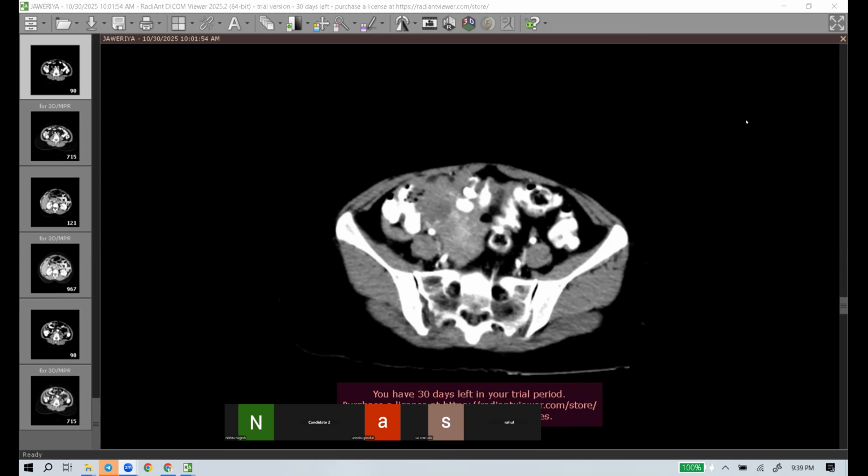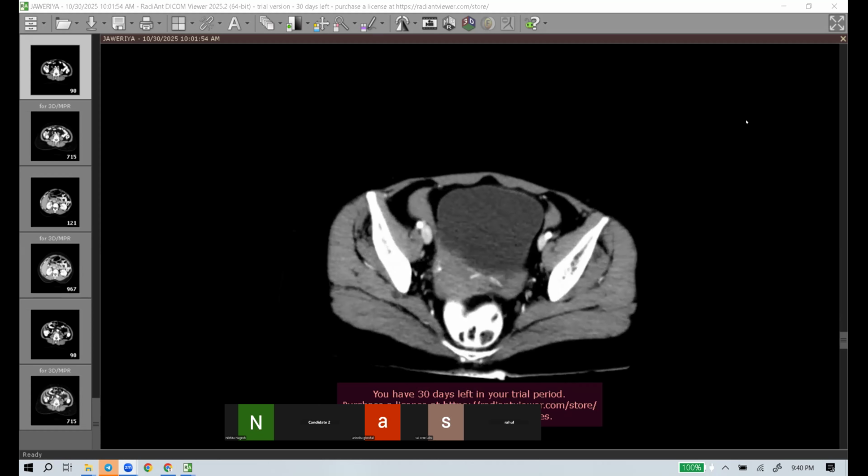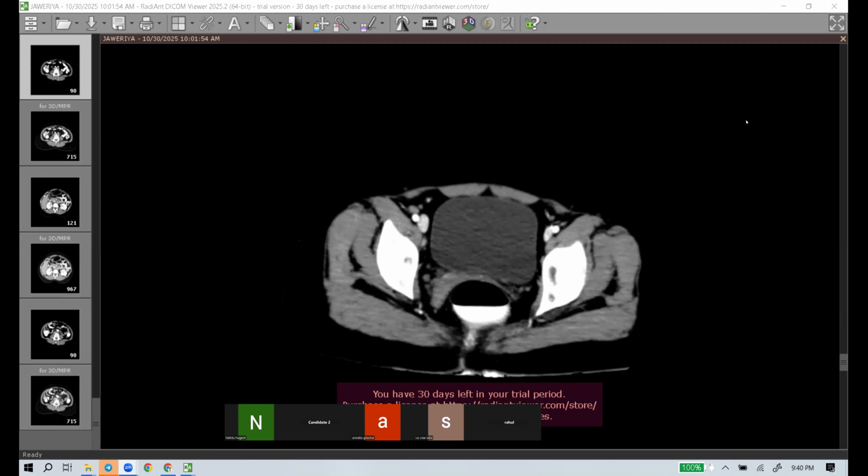I'm not able to see any clear fat plane between the colonic loops and this heterogeneously enhancing mass in the right adnexa. There is also evidence of some pelvic free fluid, which seems to be hyperdense on this post contrast image.